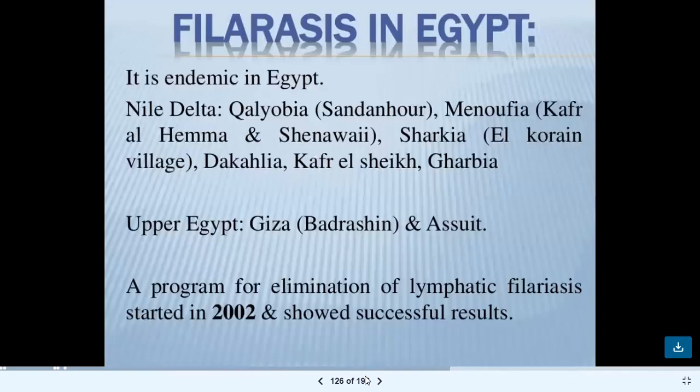Filariasis in Egypt: it is endemic in Egypt, in the Nile Delta, Qalyubia, Menofia, and in Upper Egypt, Giza. A program for elimination of lymphatic filariasis started in 2002 and showed successful results.